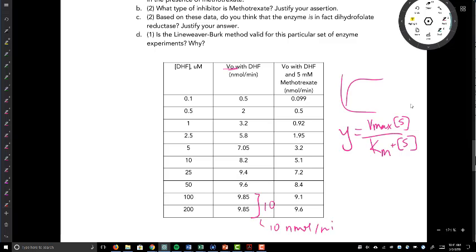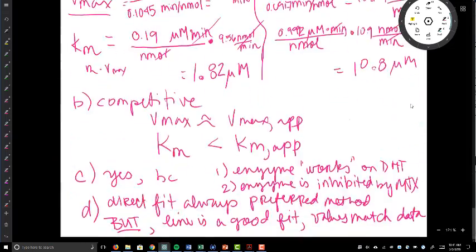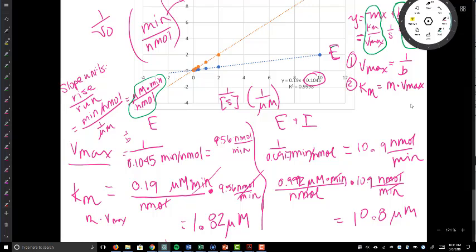And the Km, so if we go to 10, we divide it by half, we have an initial velocity of 5.8 at 2.5 micromolar, we're going to see a Km of around 2 micromolar. And if we look at our answers from our Lineweaver-Burk plot, we get a Vmax of 9.6 nanomole per minute, check, and we get a Km of 1.82, check.